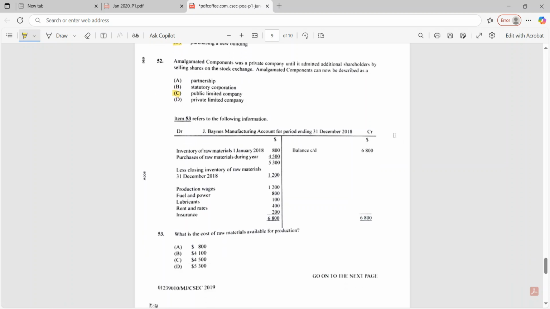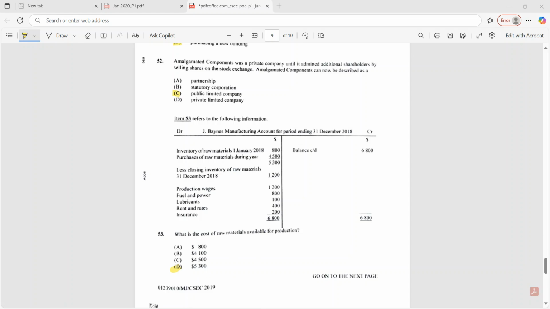All right, so item 53 refers to this diagram. What is the cost of raw materials available for production? So if we have inventory and we purchased 4,500, the inventory available for production must be 5,300. All right, so it's 5,300.